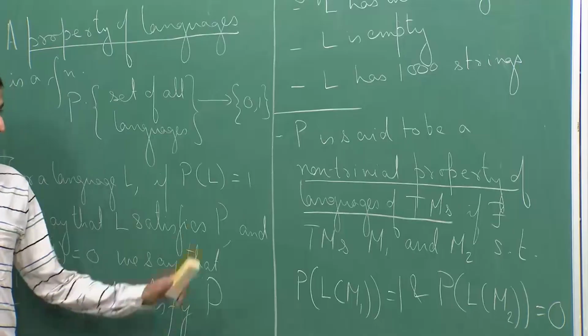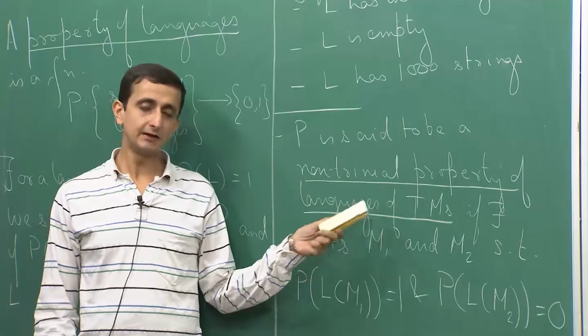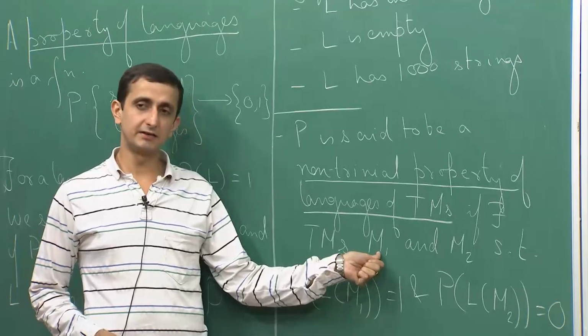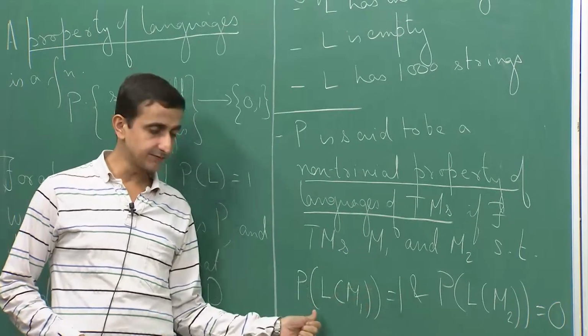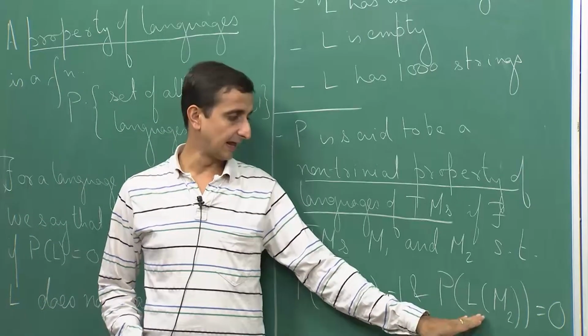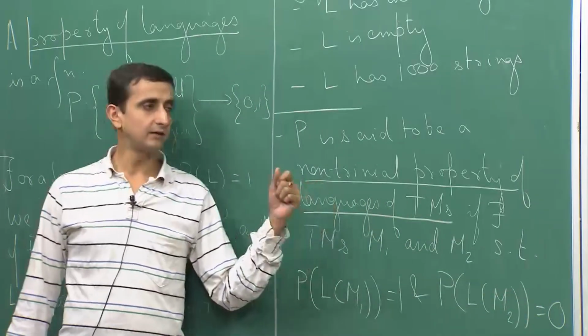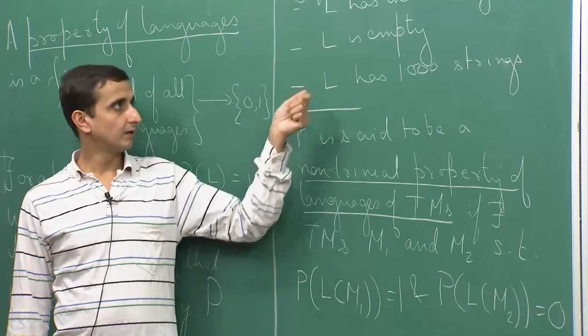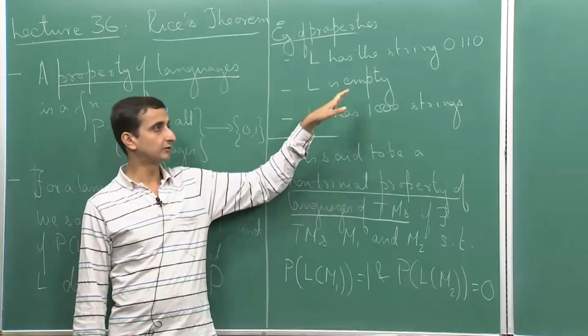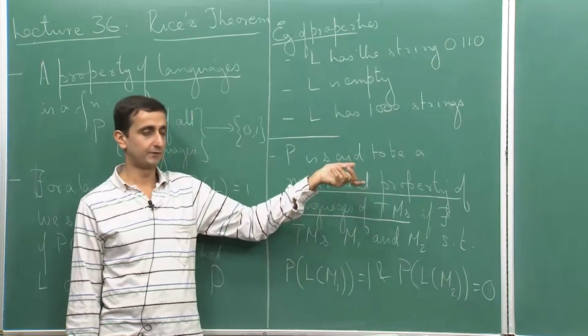So, we say that a property is a non-trivial property of languages of Turing machines if there is some Turing machine whose language satisfies that property and there is some Turing machine whose language does not satisfy that property. For example, there are Turing machines whose language is empty, and there are Turing machines whose language is not empty.